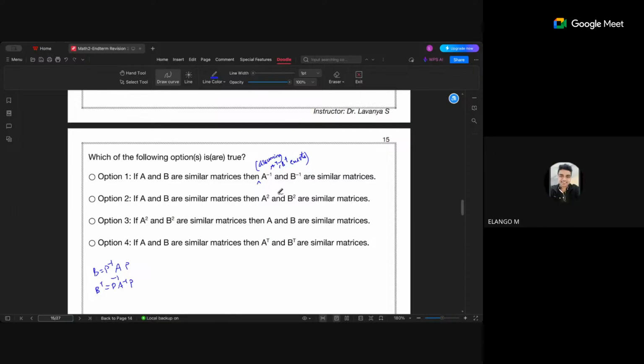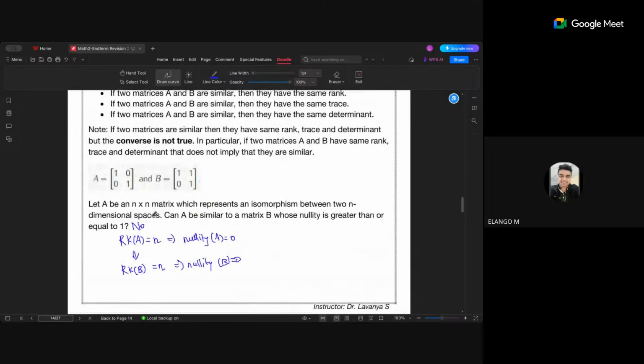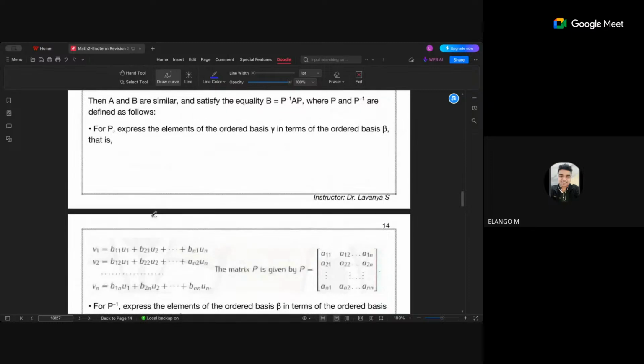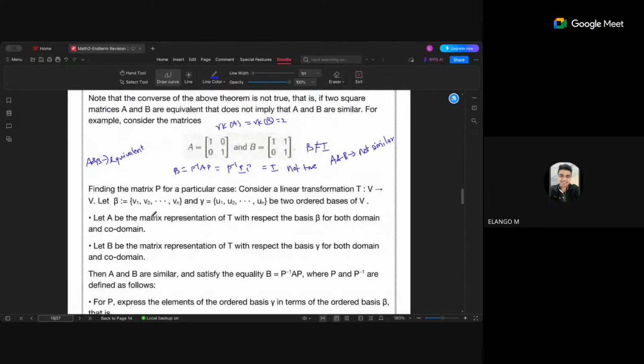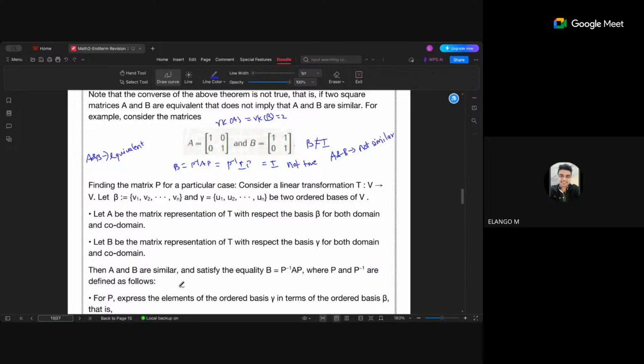In the previous one, there was the question about the domain and codomain for beta and gamma being the same. Could you explain it again? Okay, which part do you want me to explain? The matrix representation from V to W, I don't understand.